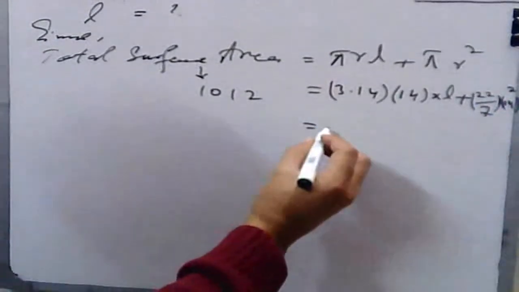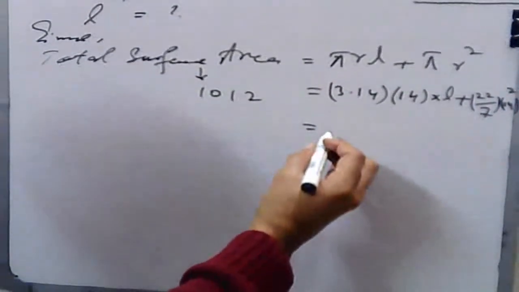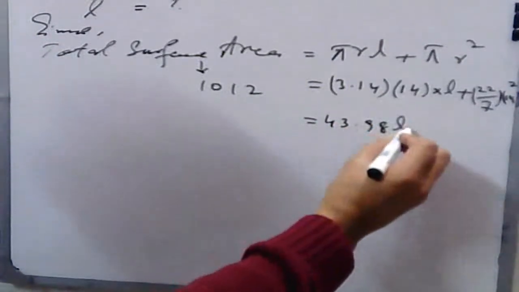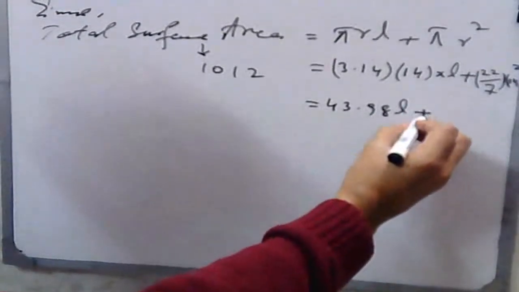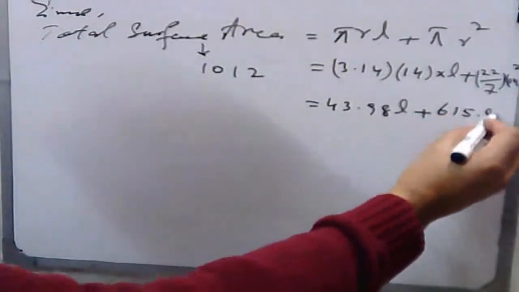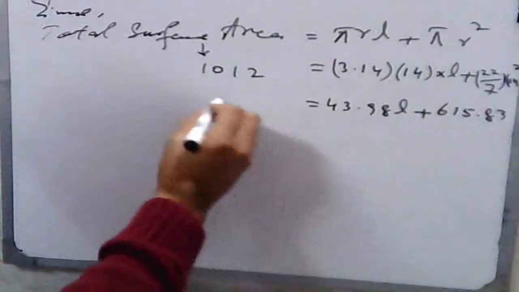After simplification you will get 44 L plus 616 is equal to 1012.